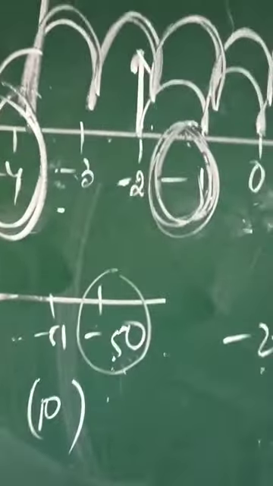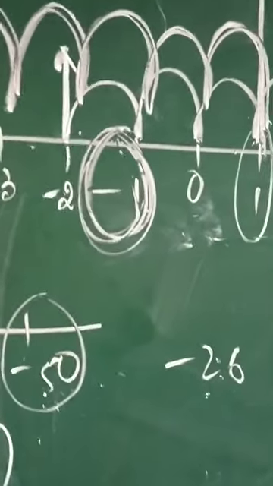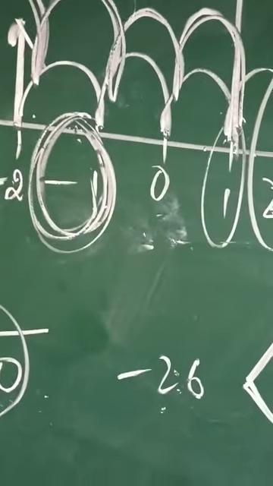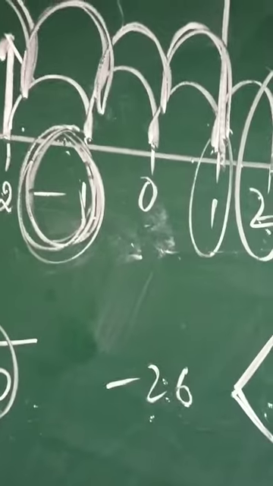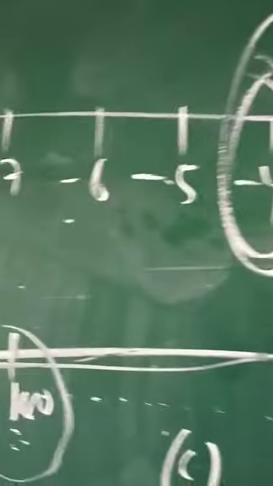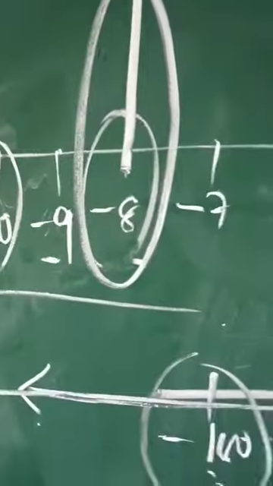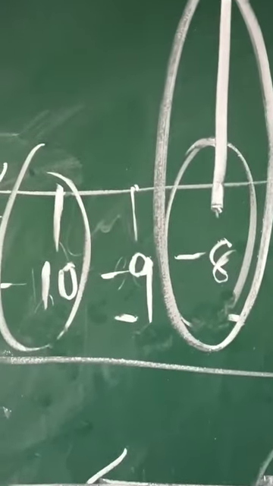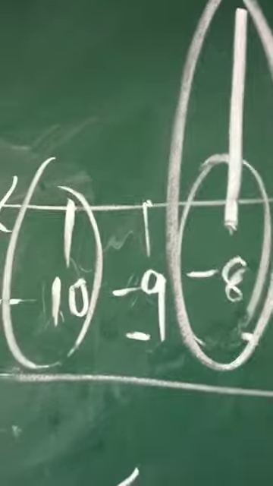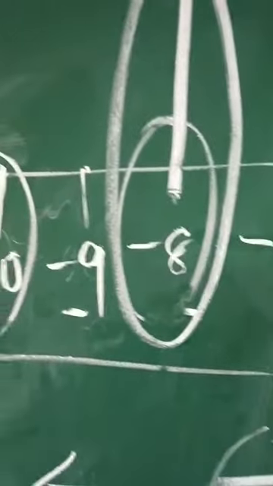Next one, number C. If we are at minus 8 on the number line, in which direction should we move to reach minus 13? I'm standing on minus 8 at this moment, and I have to reach minus 13. Which direction should I move, right hand side or left hand side?